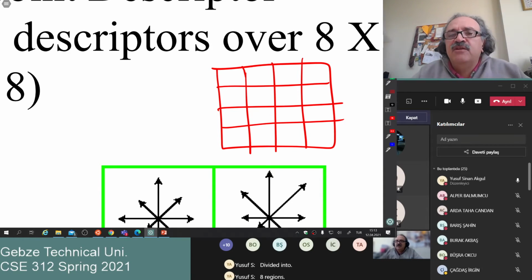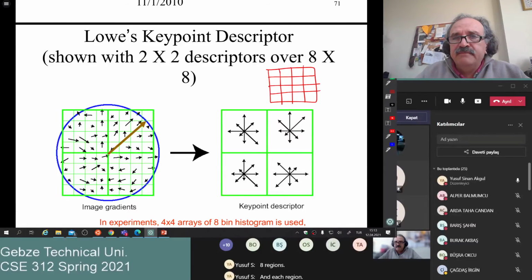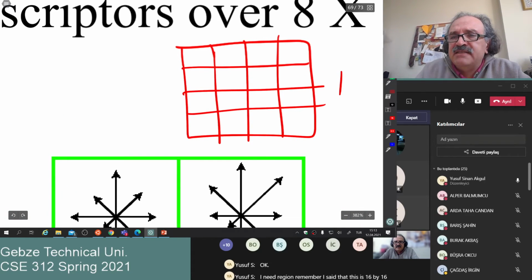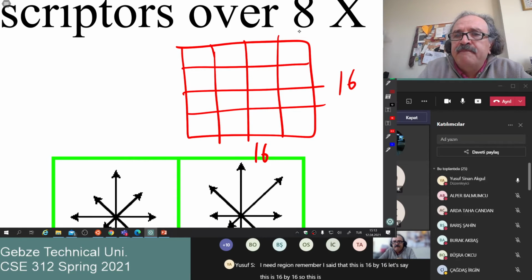Okay, divide it into 8 regions, and each region, remember I said that this is 16 by 16. So this is going to be 4 by 4 each of them.